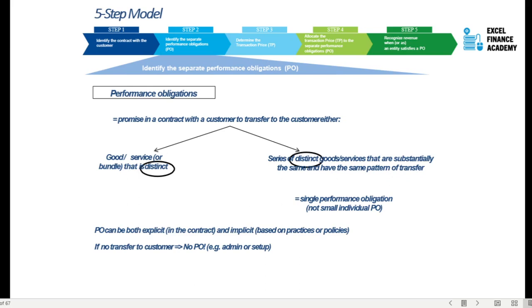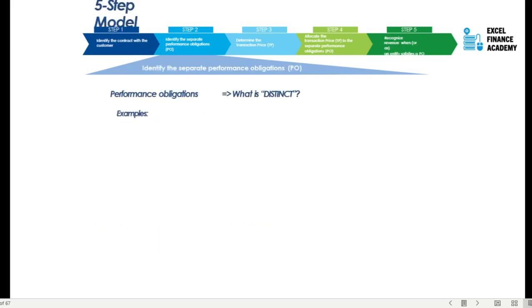Now, what is distinct? There are certain examples when the performance obligation is distinct. For example, you may be selling goods which have been produced by the entity, or produced by somebody else and you are reselling them. That is a separate, distinct performance obligation.